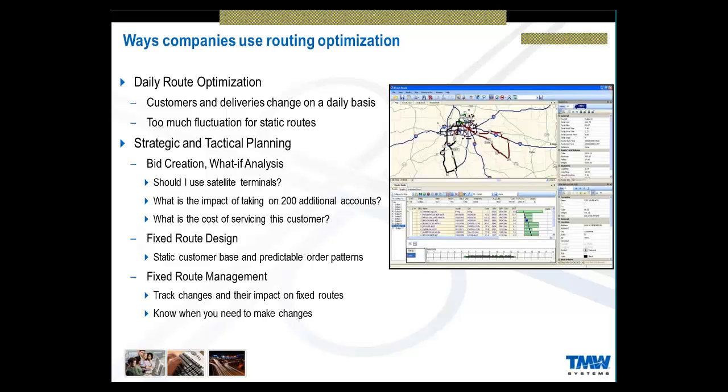Many times the software will be utilized in combination: to do the fixed route design, and then on a daily basis to do fixed route management. Once you build a set of fixed routes, on a daily basis the orders pre-populate down to those routes. Now, because of changes, an order might not fit.